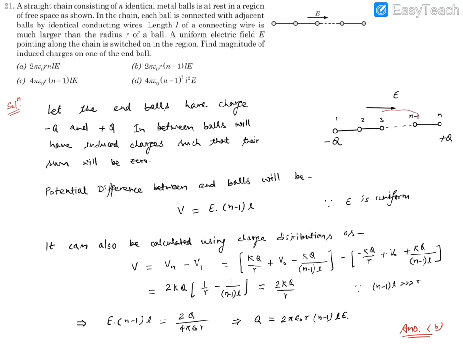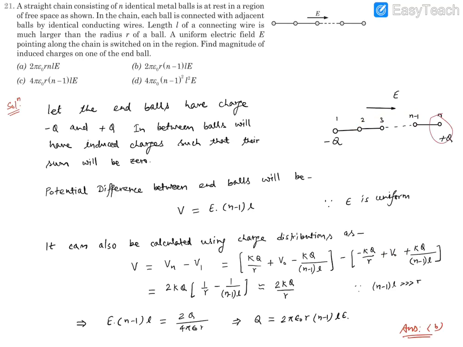And because of all these mid balls, whatever potential they give to this ball, the same potential they give to the other, because these two locations are symmetrically located. There is going to be a symmetrical charge distribution because the total sum of the charges has to be zero. So we can say the total potential because of them combined is again V0.